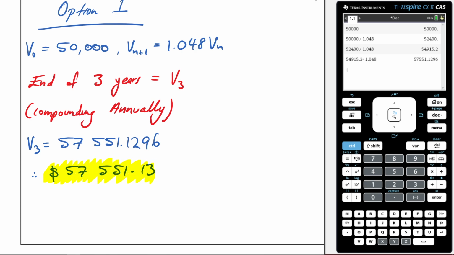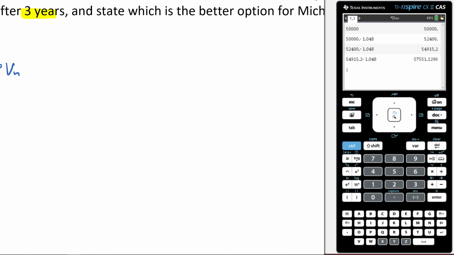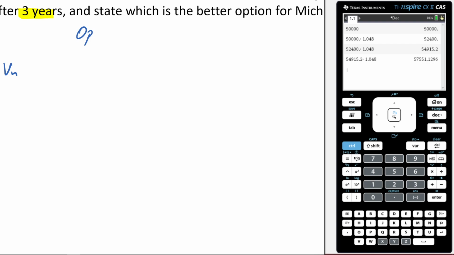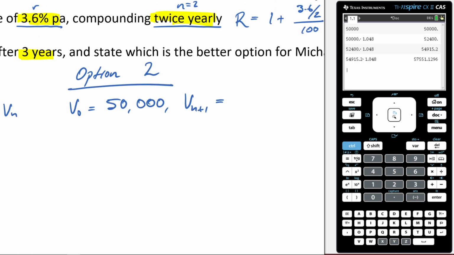All right, let's now figure out what option 2 is going to be. So let's come over here now, and we're going to write down option 2. Again, it's going to be V of 0 is equal to $50,000. Then V of n plus 1 is going to be, now I need to remember what was it?